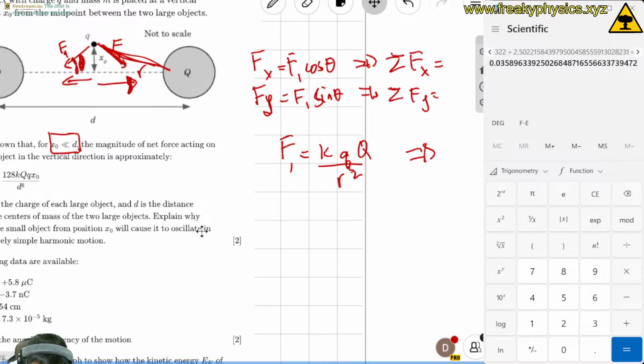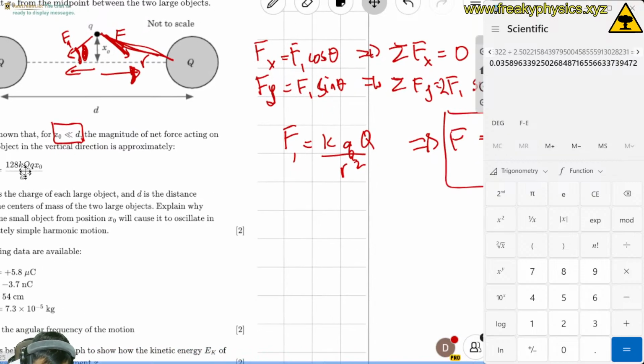What is missing? We're missing the number 128. We're missing the x0 over d to the 6, right? Let's continue. How do we get the 128 and then the d to the 6 and then the x0?